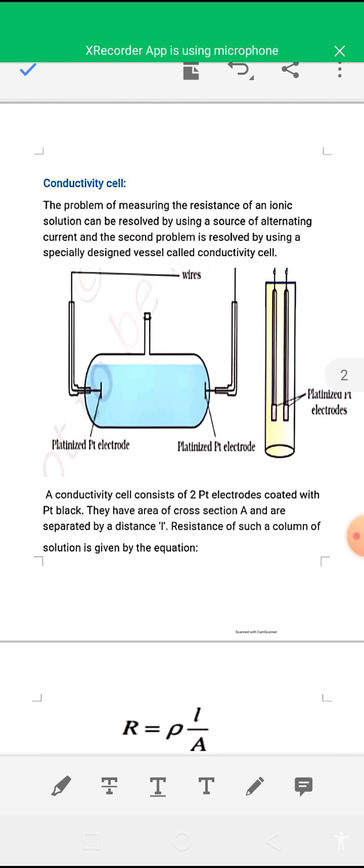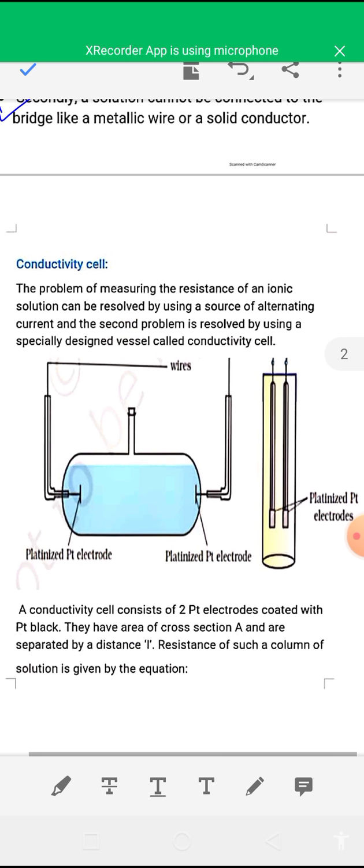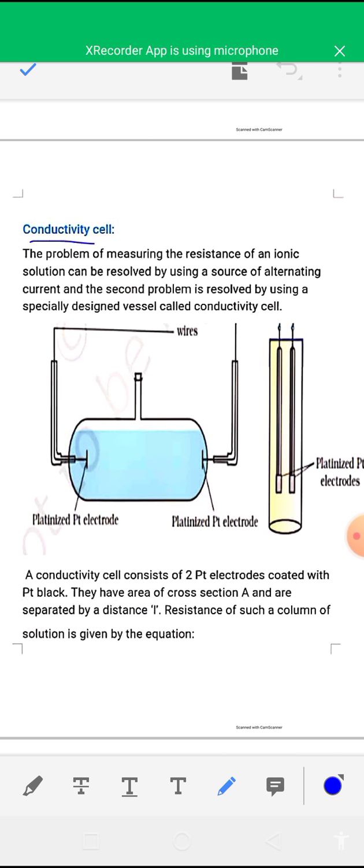Now see what is a conductivity cell. The conductivity of an electrolytic solution is measured in a special type of cell known as a conductivity cell. A conductivity cell consists of two platinum electrodes coated with platinum black.